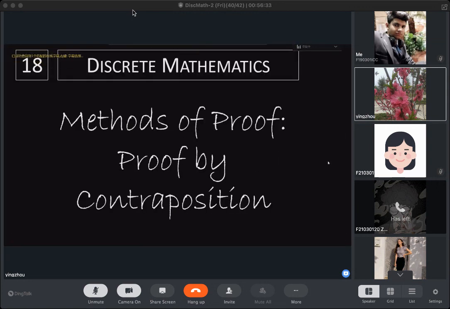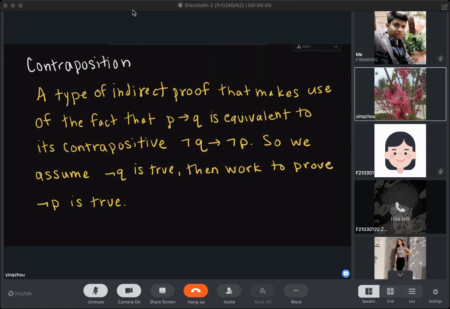In this video, we are going to look at the method of proof known as proof by contraposition. Contraposition is a type of indirect proof. So we've just learned about direct proofs. This is an indirect proof that makes use of the fact that if P then Q is equivalent to, or has the same truth value as, its contrapositive, which is if not Q, then not P. So in a direct proof, we assumed that P was true and proved that therefore Q is true.